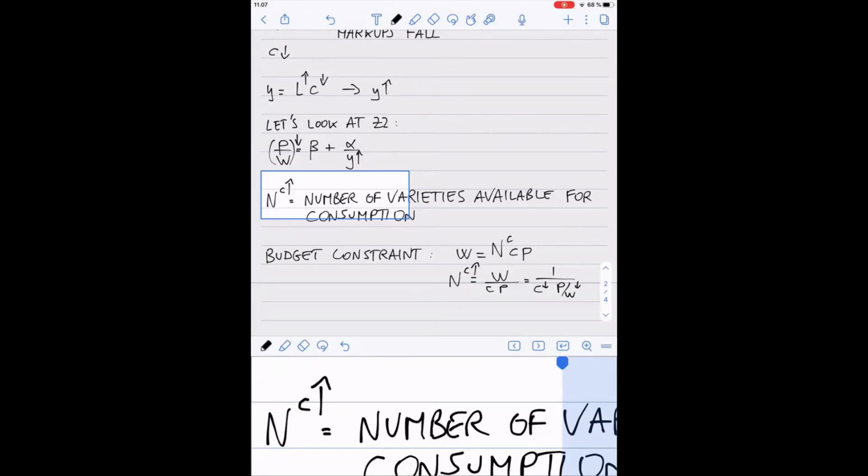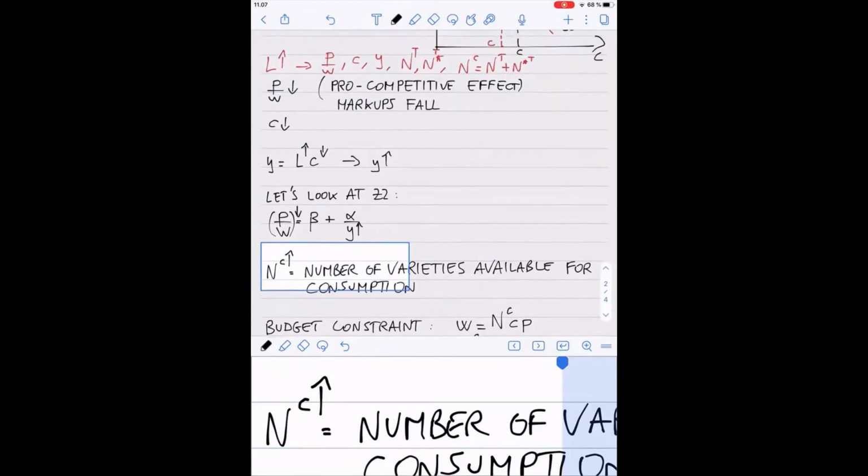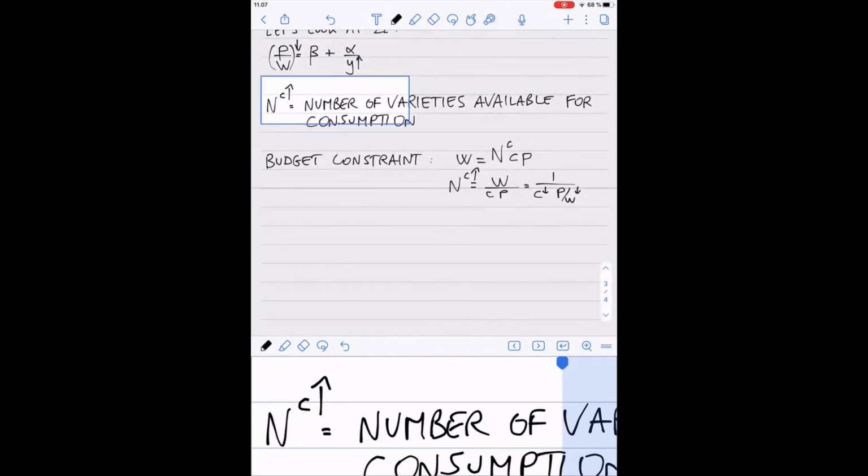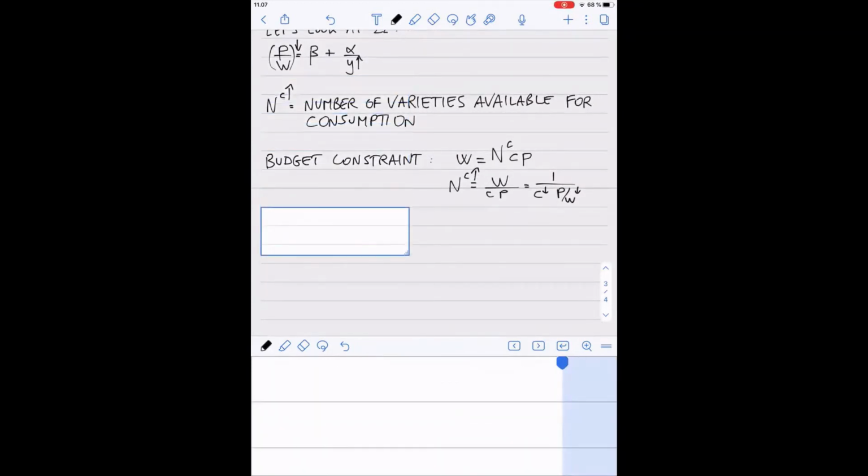However, the question remains as to what happens to the number of varieties produced in each country. To see what happens to the number of varieties produced in each country, let's look at the full employment condition. We want to know what happens to N_T and N_T star.